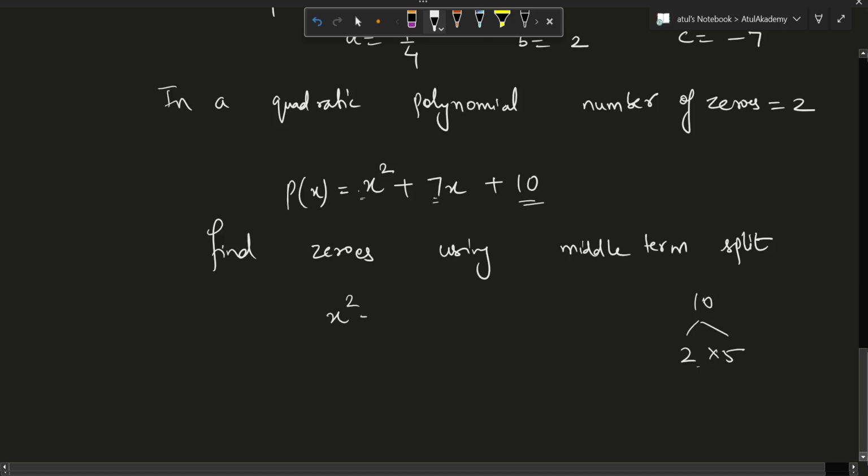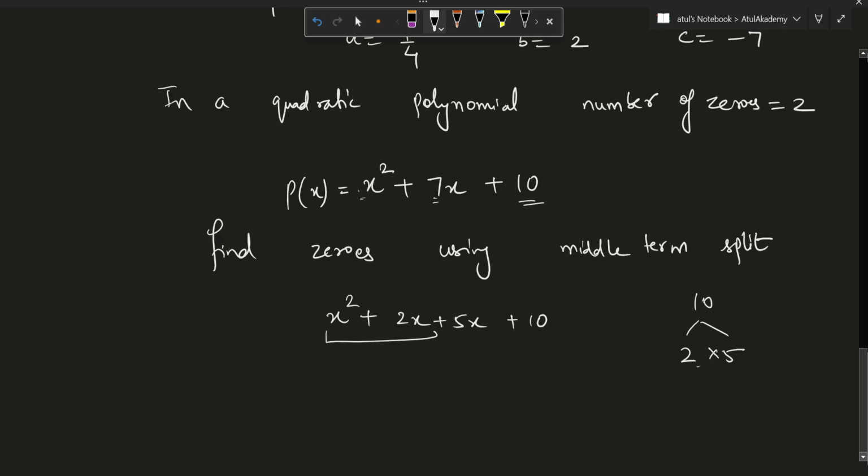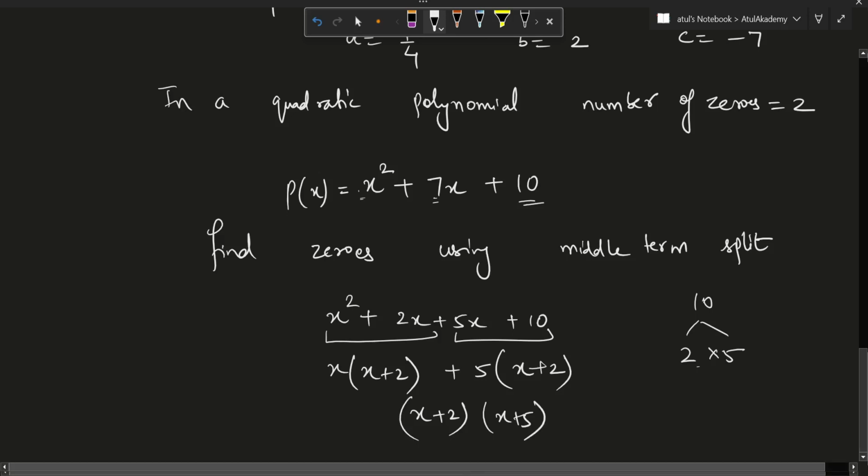So I can write this as, instead of 7x, I'll split it. It will become 2x plus 5x plus 10. From these two, I can take x common, x plus 2, and 5 common from these two. So x plus 2 common, so it's left inside x plus 5. Now we have done middle term splitting of this polynomial.